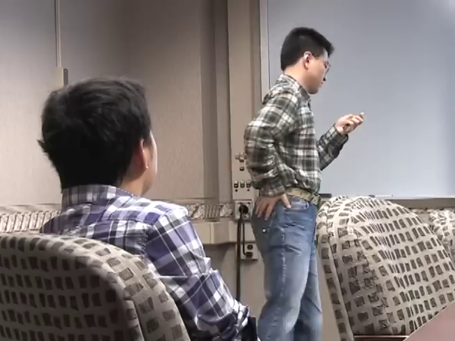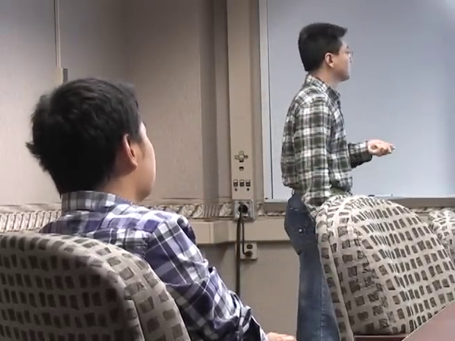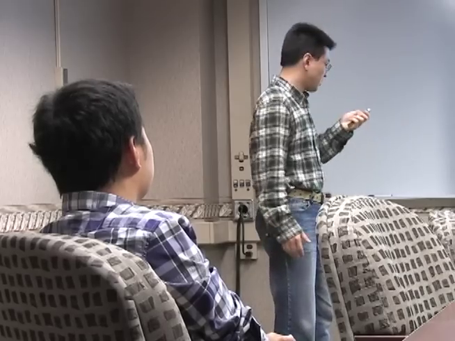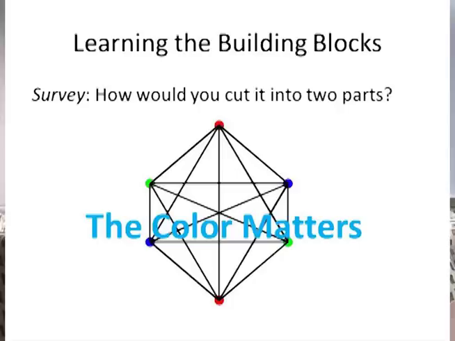Otherwise they will not align with each other. So it's kind of like a min cut plus a node alignment constraint, right? Yeah. So the color really matters. With the knowledge of color, we have reduced the way we cut this. So we reduce our search space.